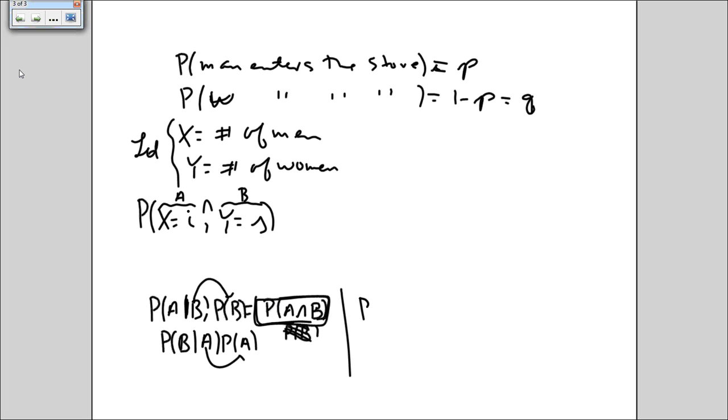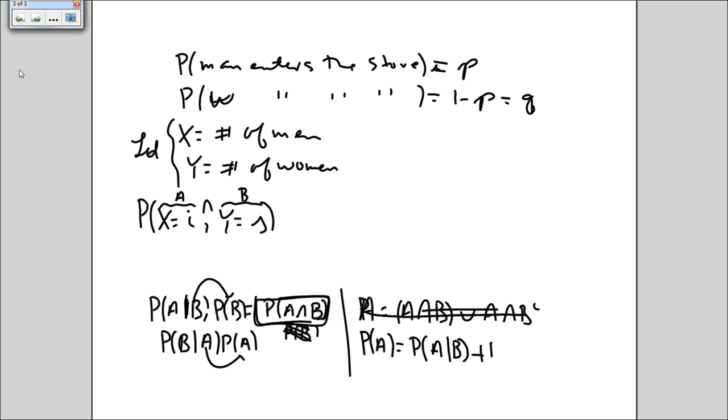But also remember that A is the same as A intersect B or A intersect not B. The probability of A is the probability of A given B plus the probability of A given not B. Actually, I don't want to say that; it's true, but I don't want to say it.